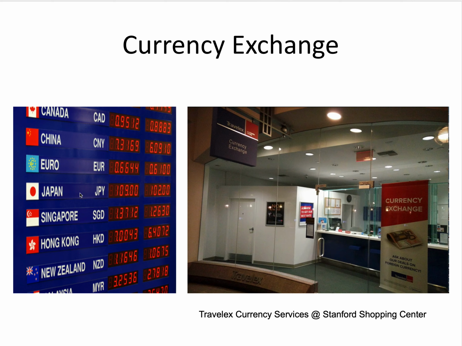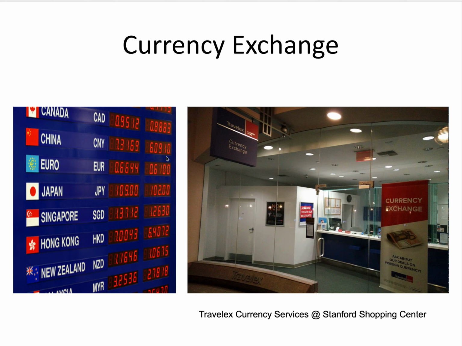Now you find those currencies are usually quoted in pairs. One is called the asking price, the other is called the bidding price. Here, for example, if you look at the Chinese yuan, one price is 7.3169 yuan, another price is 6.910 yuan per dollar.